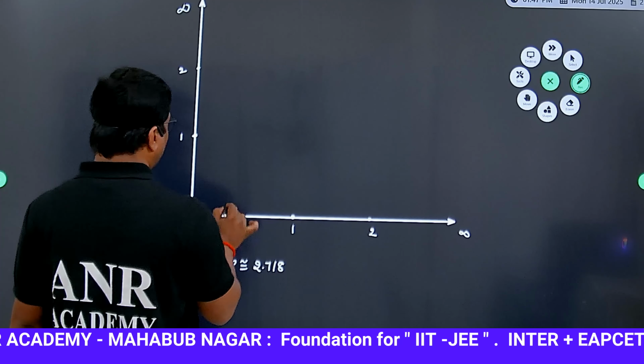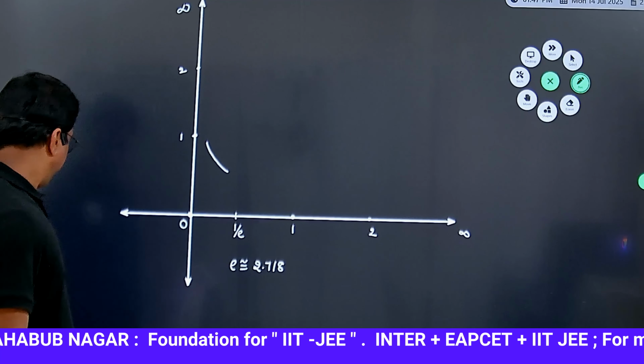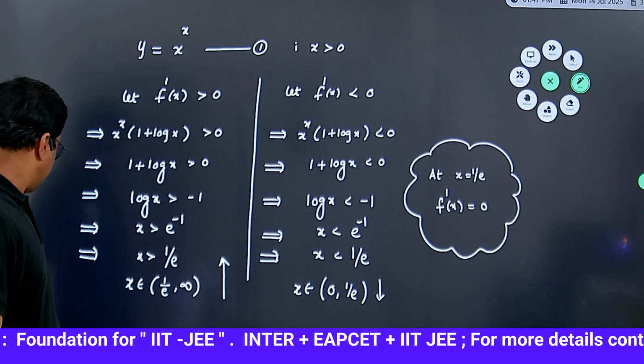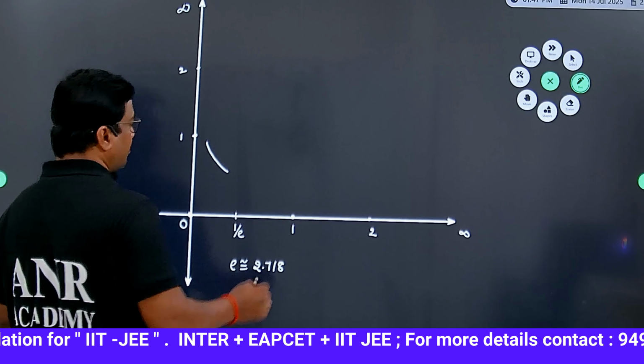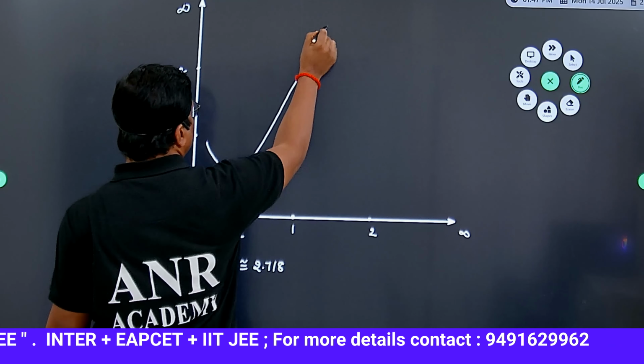In the interval 0 to 1 by e it decreases. Next, from 1 by e to infinity the graph increases, and from here onwards it increases.